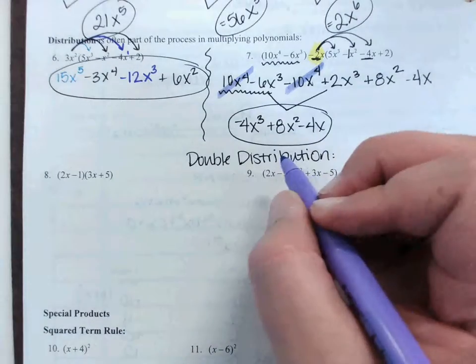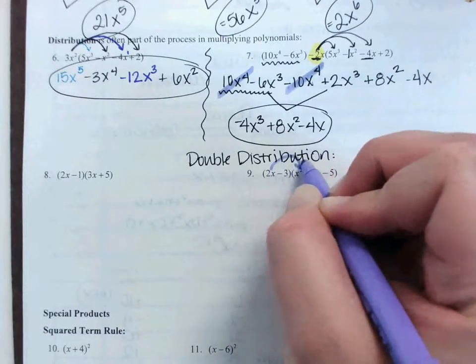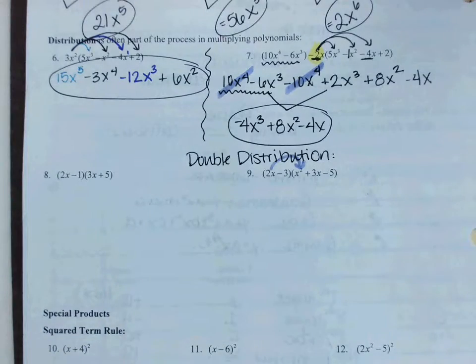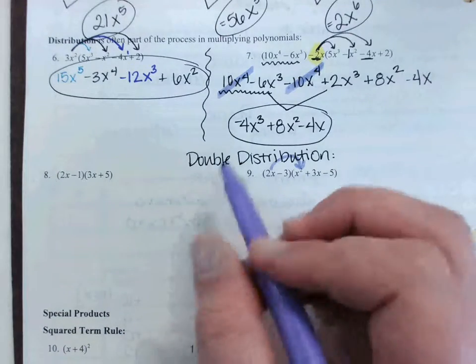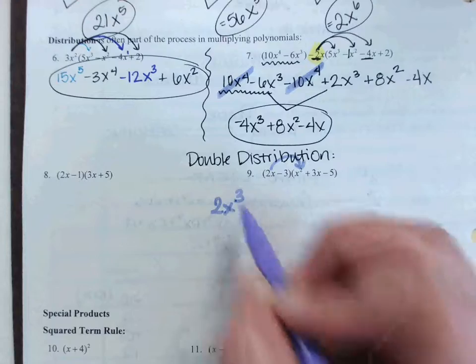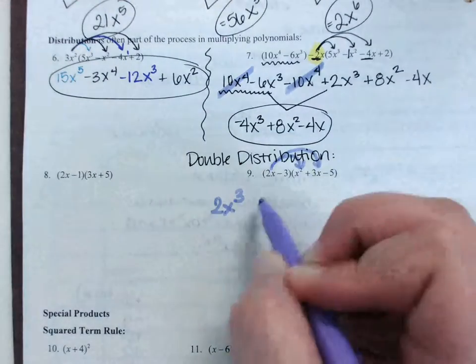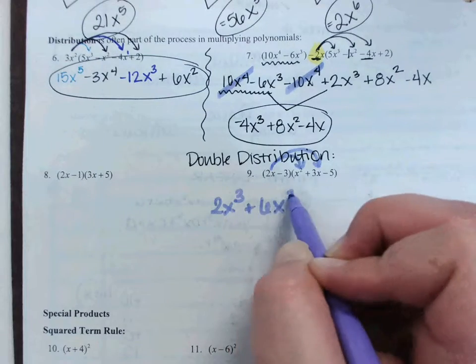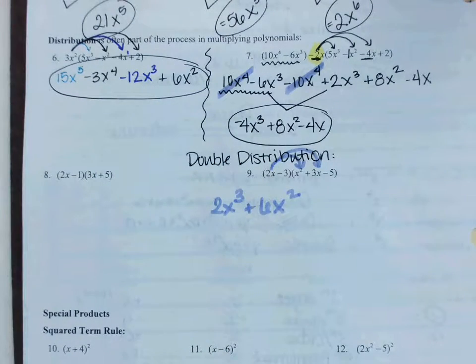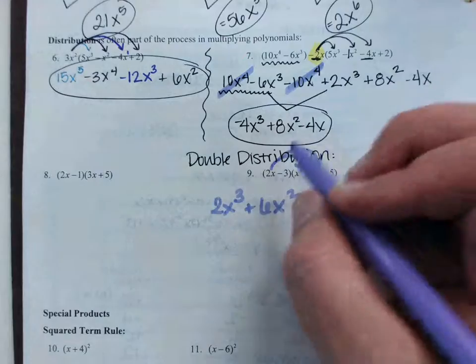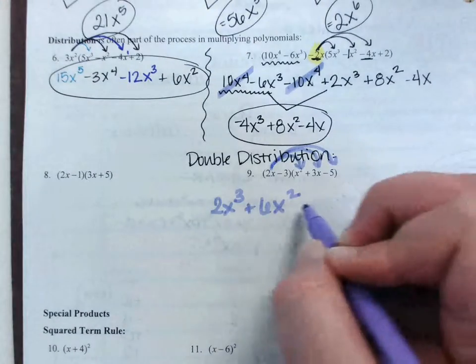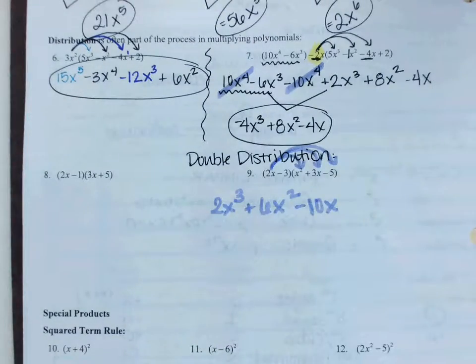Okay, you'll do 2x times x squared. What will I get there? 2x to the 3. Then I do 2x times 3x, I get 6x squared. Okay, then last term for my 2x, 2x times minus 5 is minus 10x.